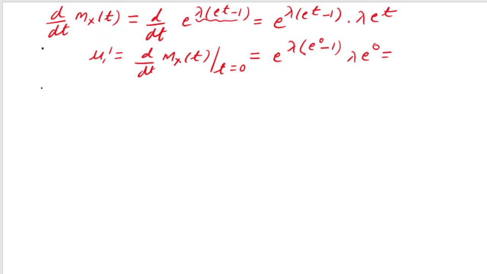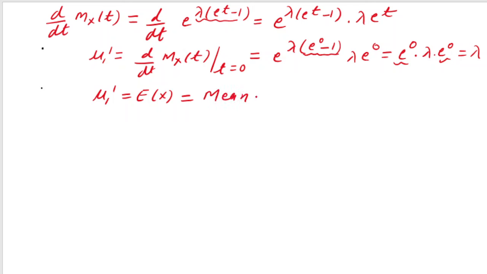So e to the power 0 is 1, so 1 minus 1 is 0, and e to the power lambda into 0 is e to the power 0, and here we get lambda into e to the power 0. So these two terms are 1, so what we get is lambda. So mu1 dash, which is nothing but the expectation of x, which is the mean of the Poisson distribution, is equal to lambda. This is the important result we have obtained.